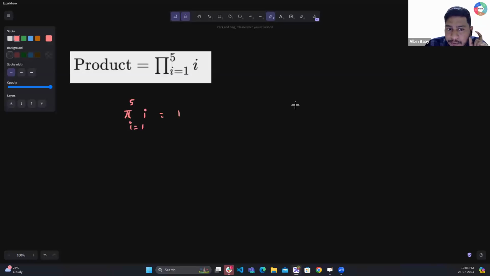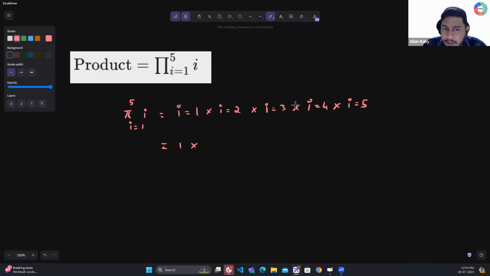Here you'll have to find the product of i equals 1 into i equals 2 into i equals 3 into i equals 4 into i equals 5, right? So if you find the product of it, that is simple: 1 into 2 into 3 into 4 into 5.